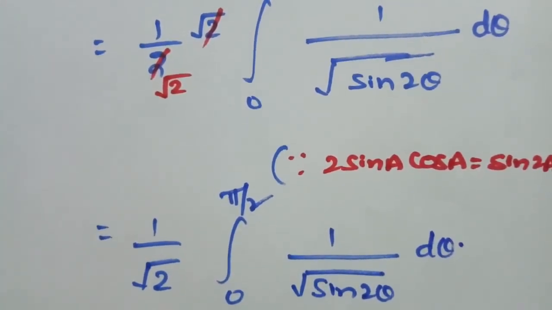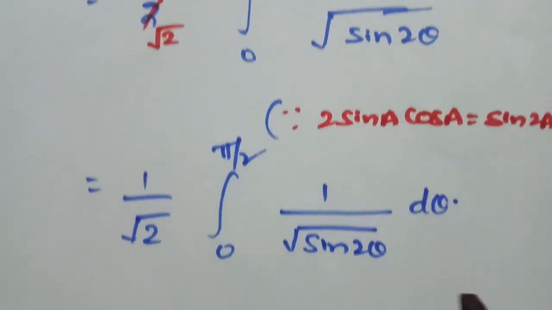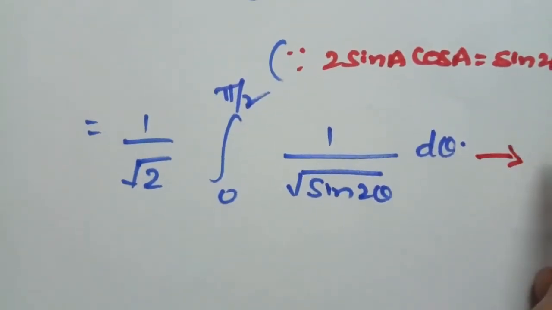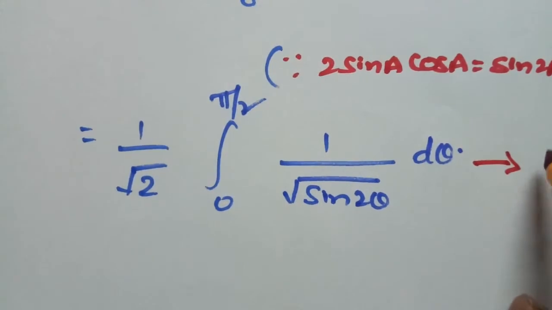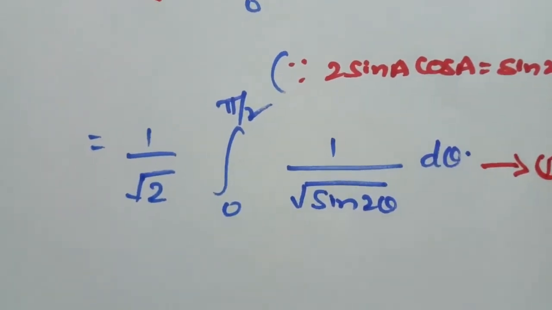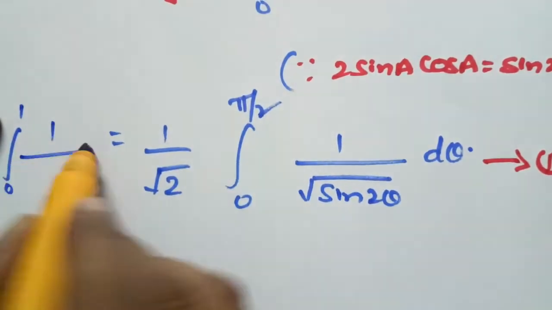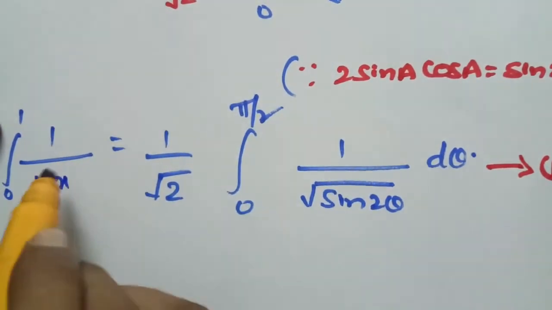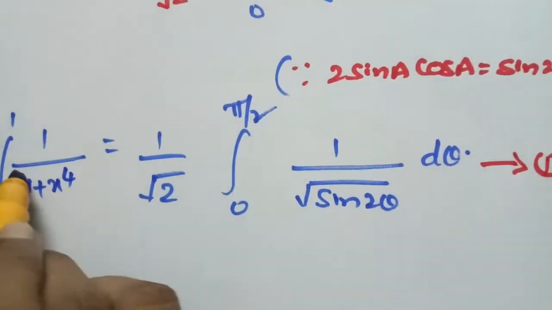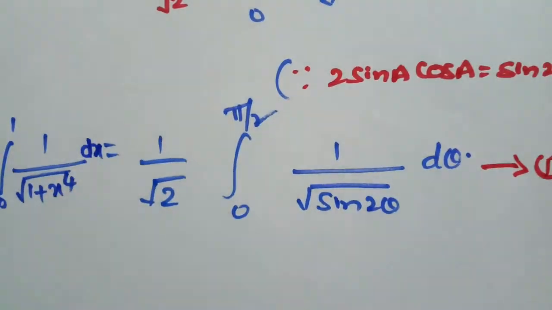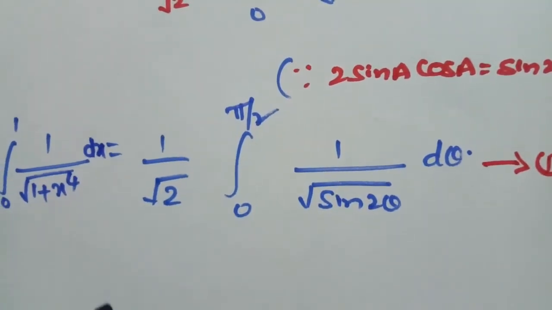Again integration by substitution. Say this is equation number 1: integral 0 to 1 by root of 1 plus x to the power of 4 dx.